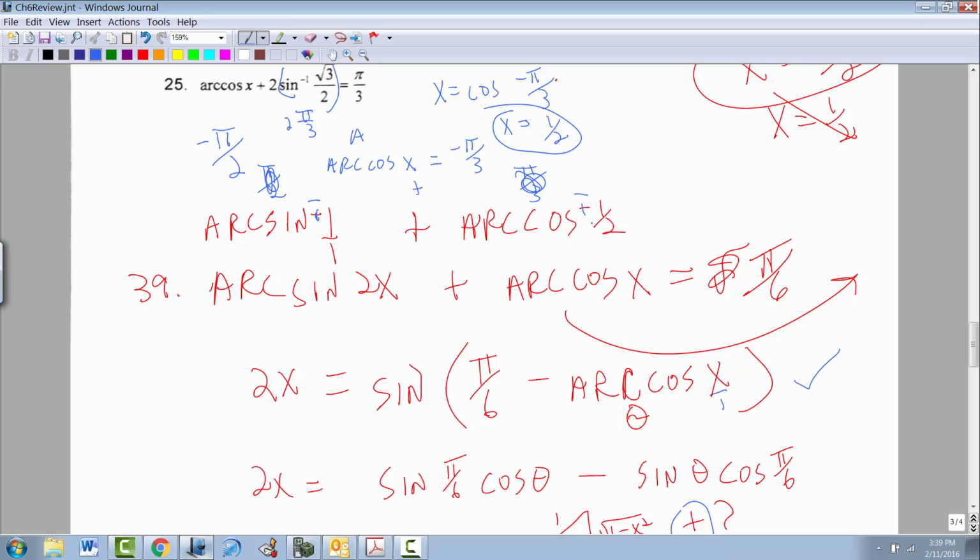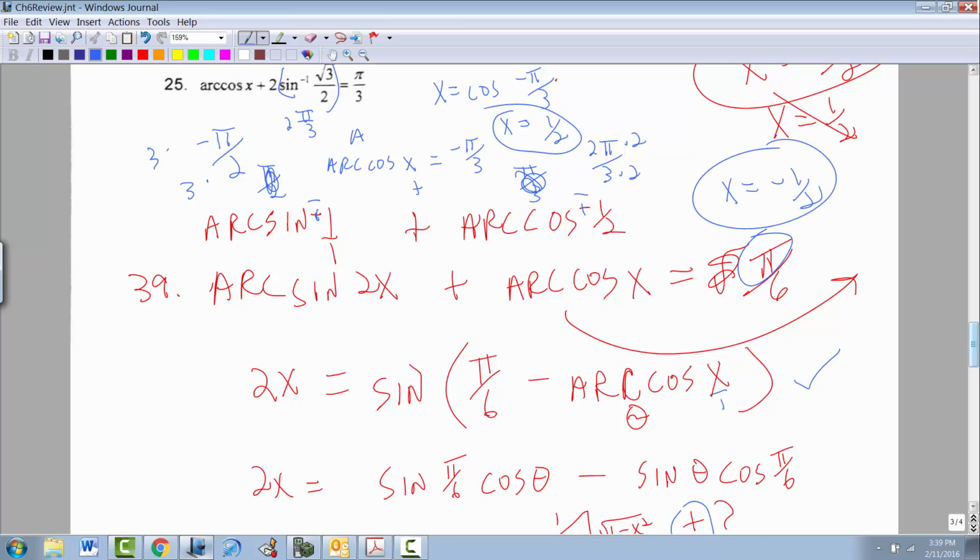Per restrictions, we have to go to quadrant 2, and that is the 60 in quadrant 2, which is 2 pi over 3. Now to get a common denominator, sorry for the mess of the math here, but I've been here too long. It's already 3:40. This is negative 3 pi plus 4 pi, which is pi over 6. All right, so for this question, number 39, x equals negative 1/2.